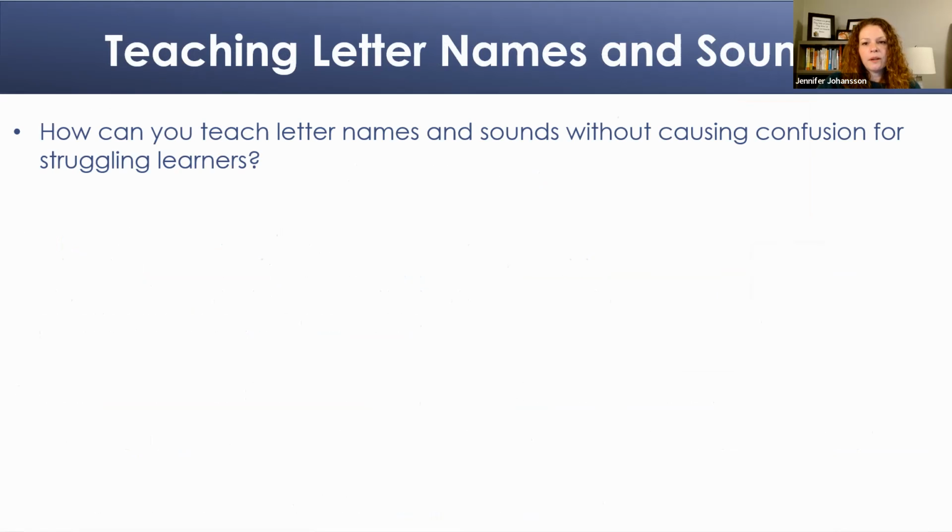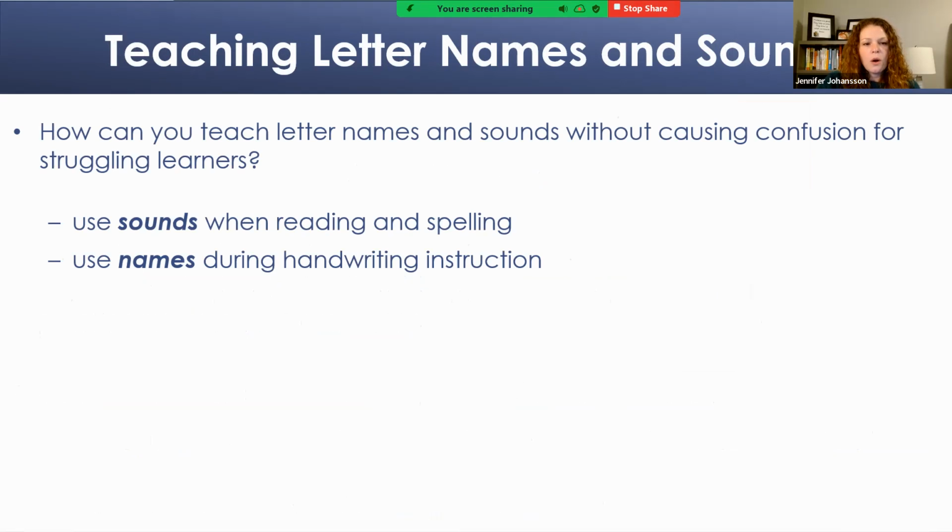So what am I going to recommend instead? We know we have to teach the letter names and the sounds. So what can we do so that we're not confusing those struggling learners? Well, I'm going to suggest that anytime you're doing reading or spelling instruction, you refer to the sound. You focus on that sound and don't use them interchangeably. Now, if you're working with older students and you know that there's no confusion, that's a different situation.